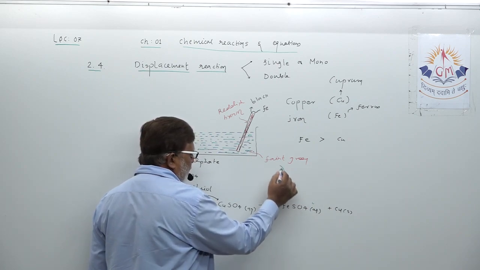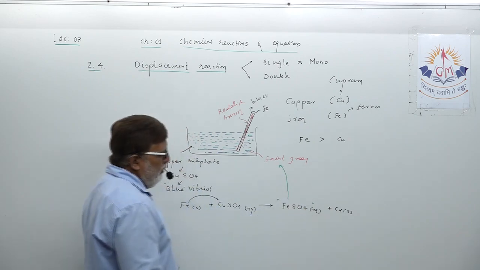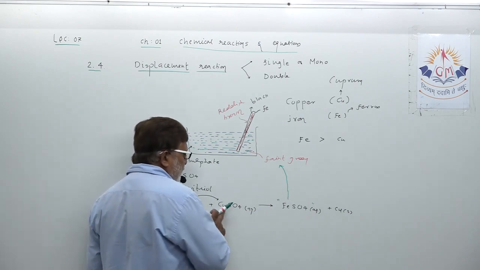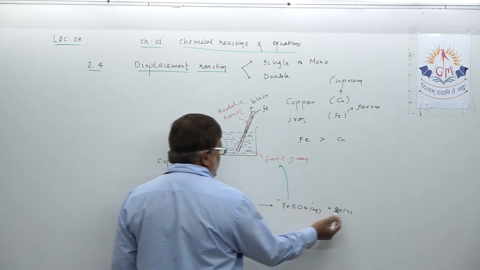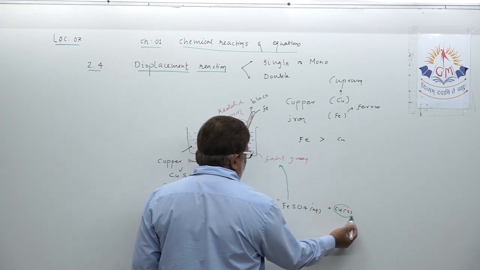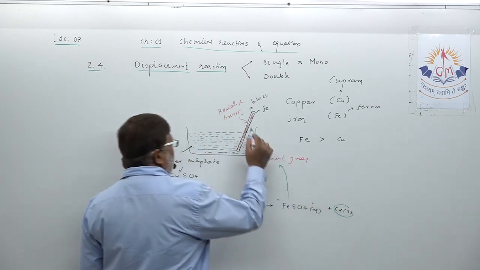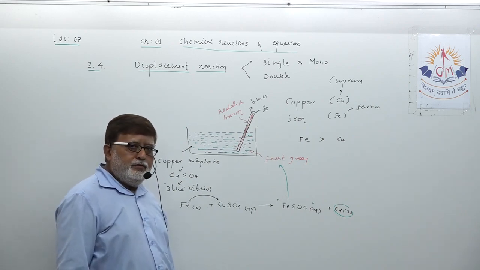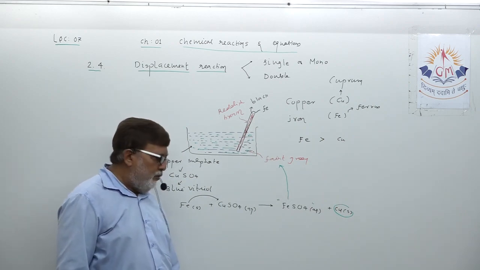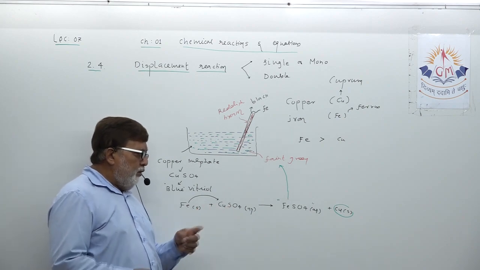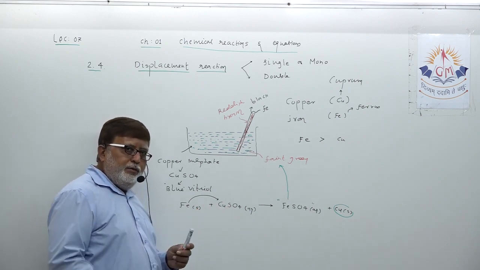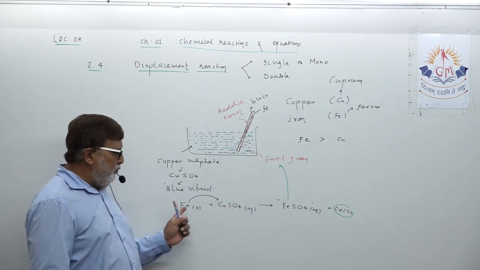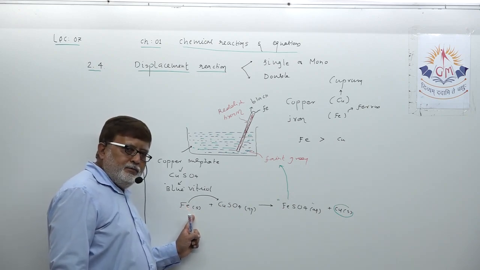That's why the solution turns green in color. And the displaced copper, which is reddish brown, collects on the iron rod, so it turns reddish.